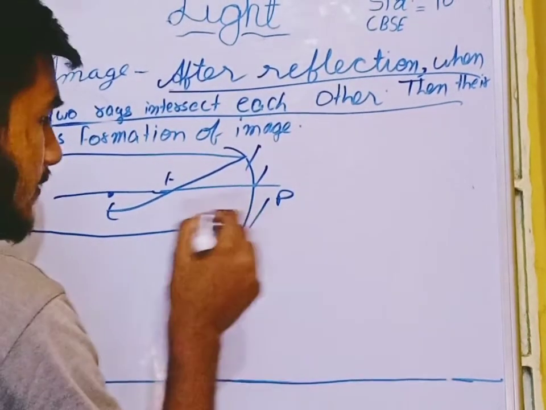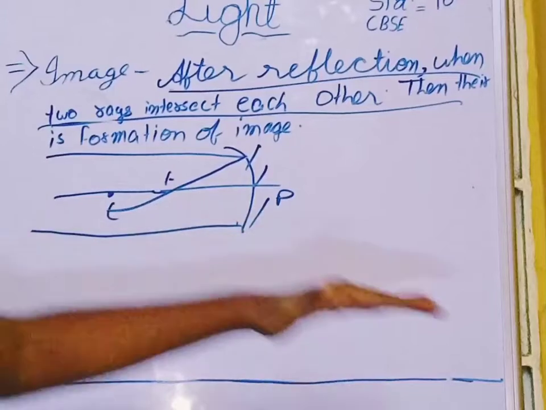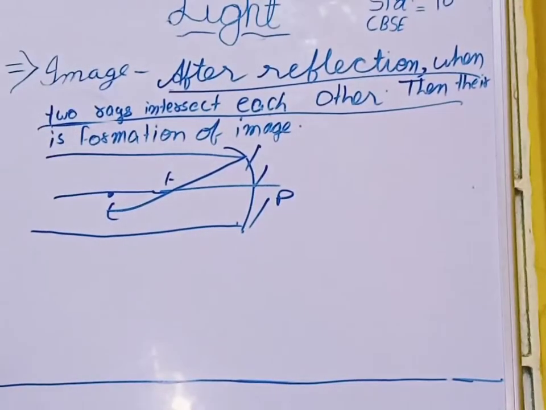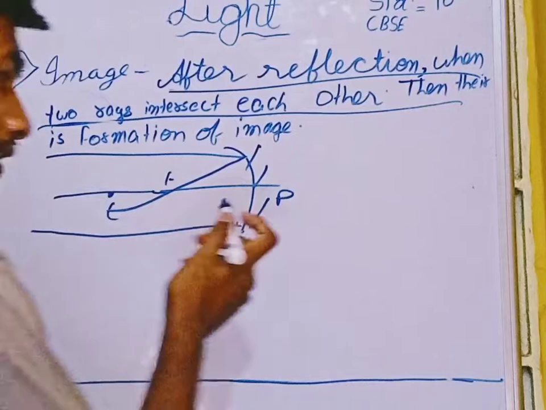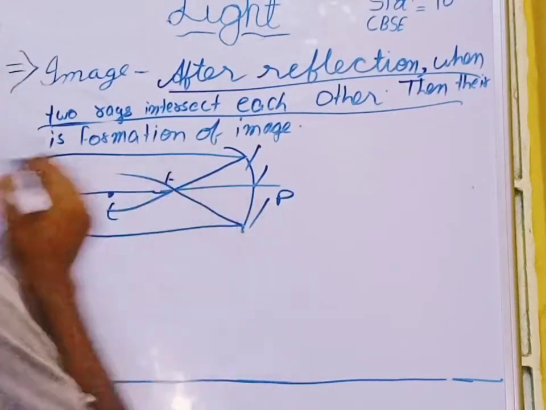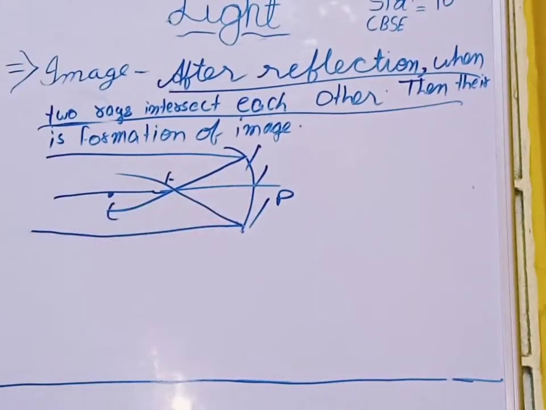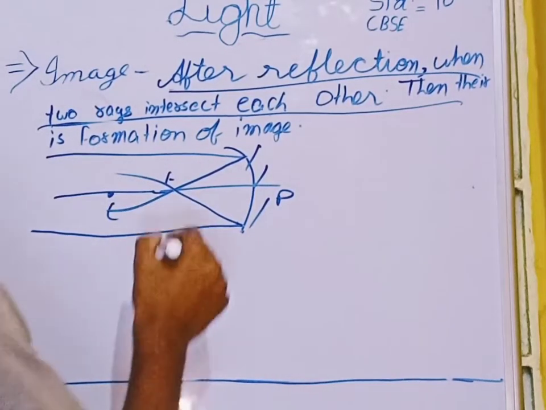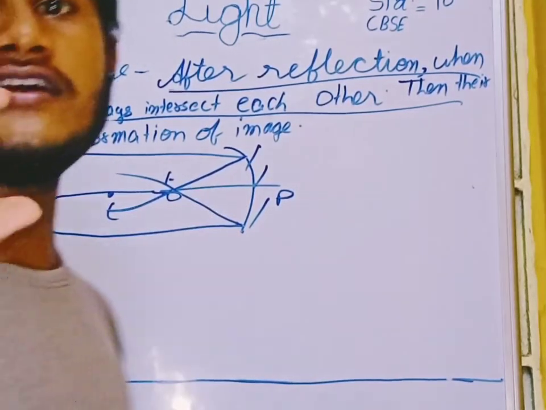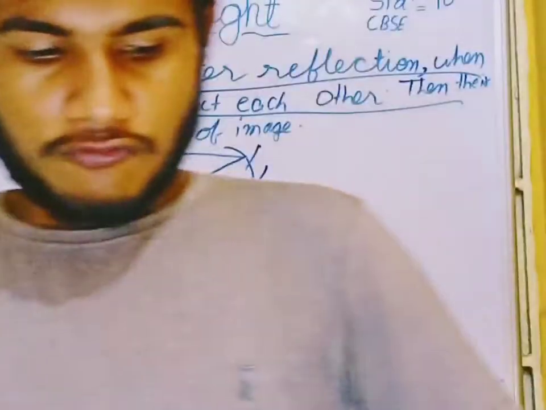Then after reflection it is also parallel to the principal axis, and it cuts the principal axis at a point which is the focus. Then here is the formation of image.